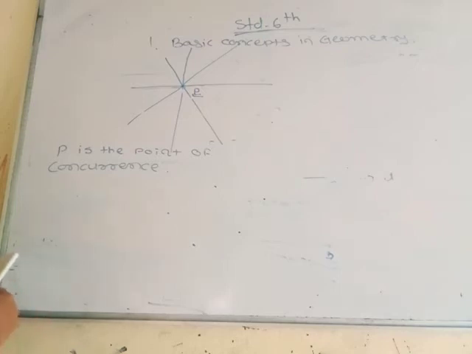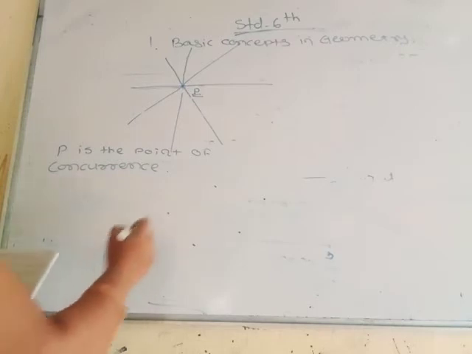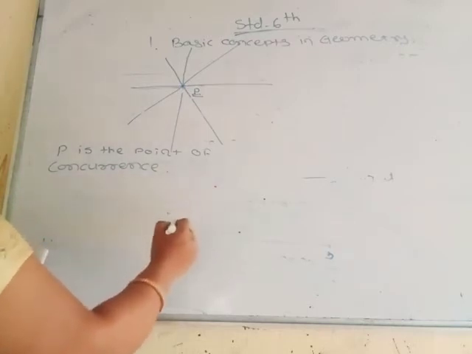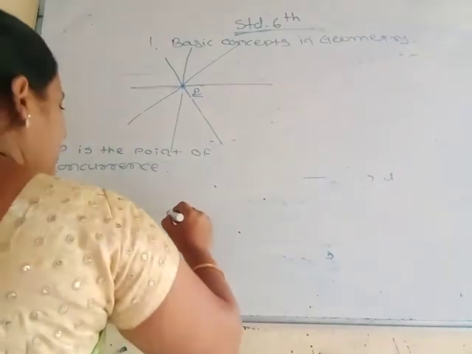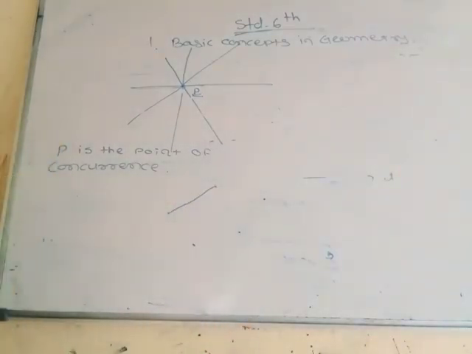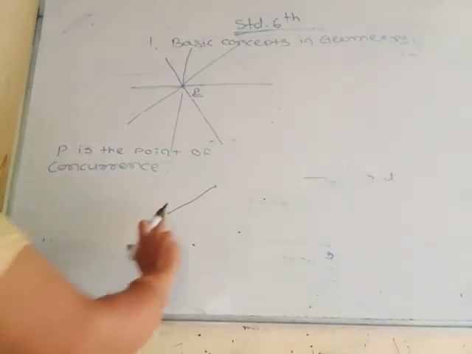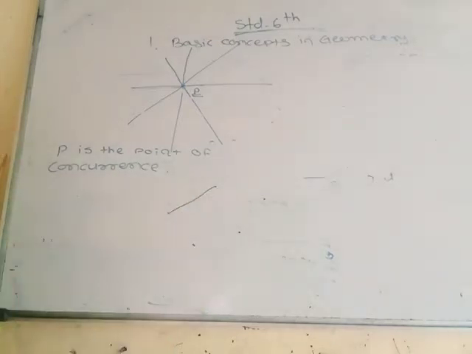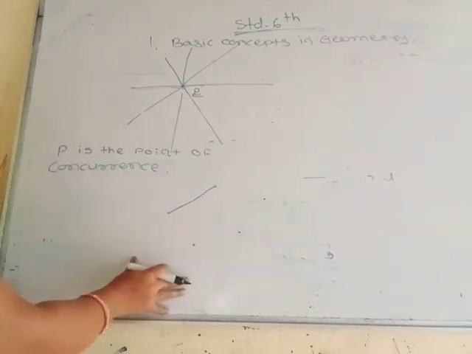One and only one line can be drawn passing through 2 distinct points. Of these 5 points, which 3 or more points lie on a single straight line? Here only 2 points lie on a line, so all these are non-collinear points.